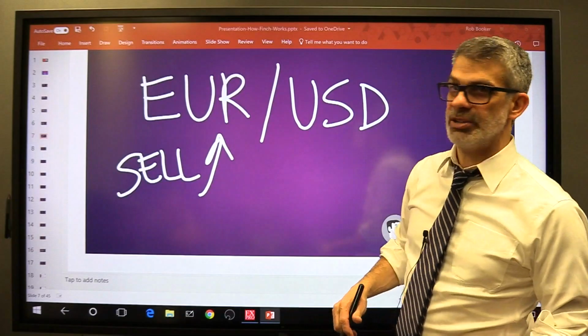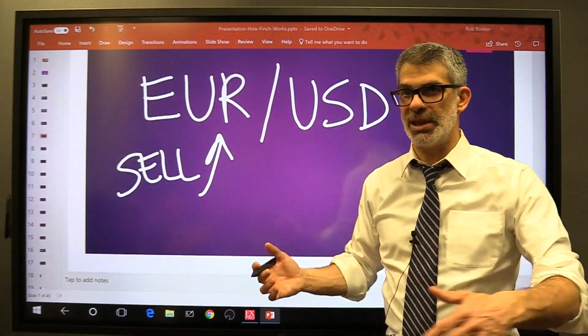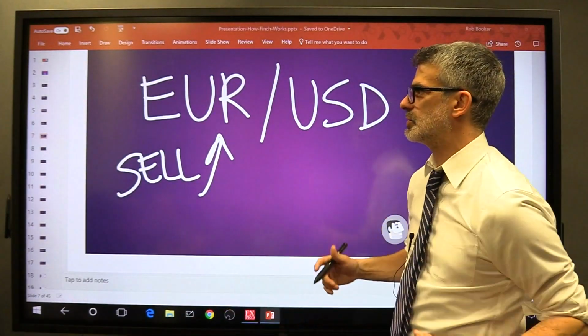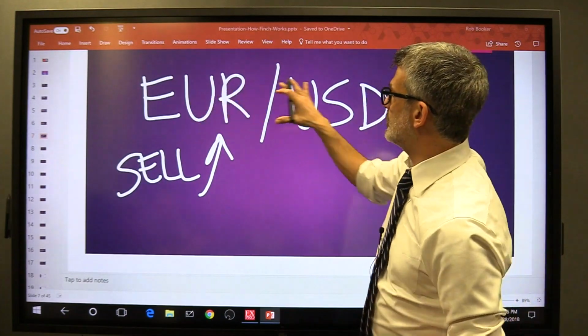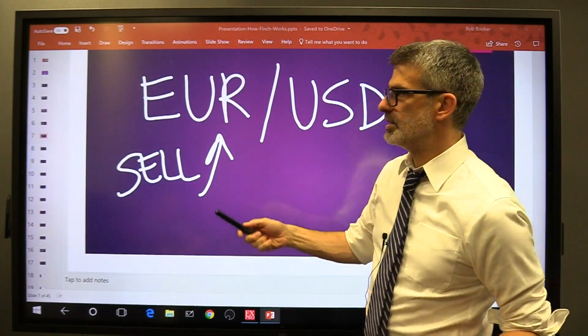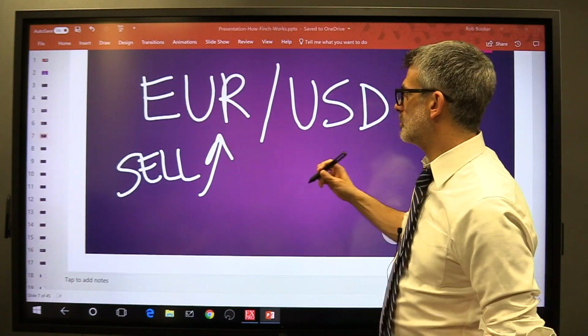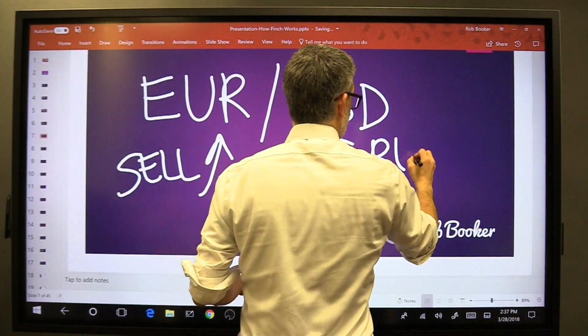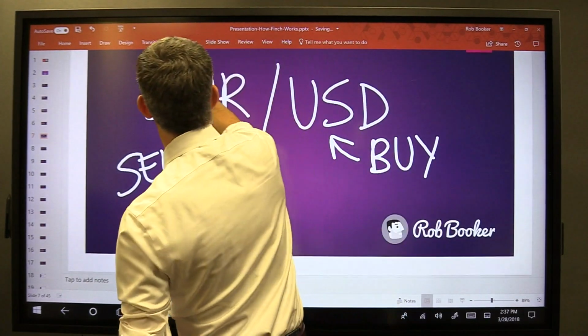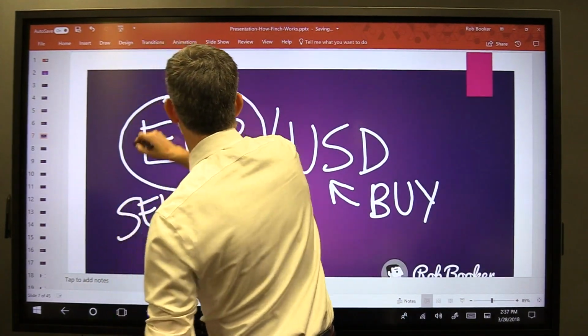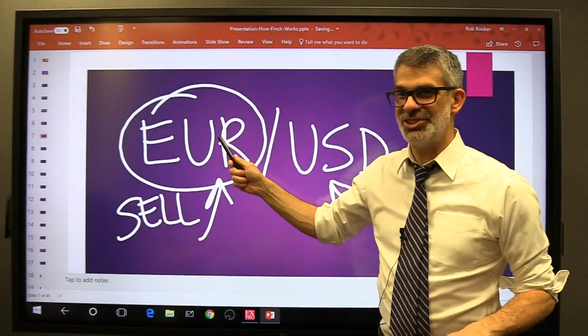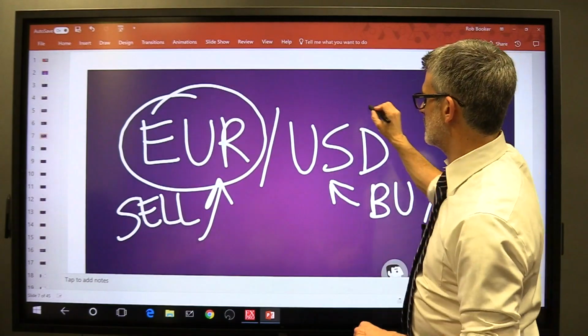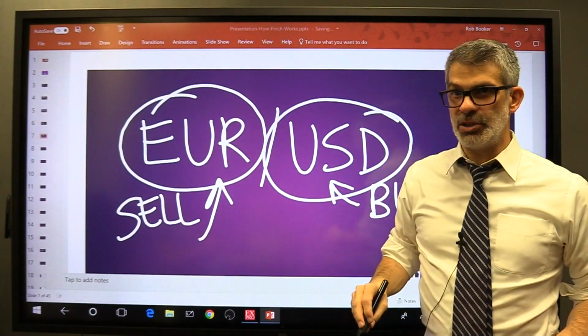And that's perfectly fine. You don't need to borrow shares or any of that craziness in the world of equities trading. And when you sell the euro US dollar, you're making a bet that the euro is going to fall and the US dollar is going to rise. So you are selling euros and you're buying US dollars.